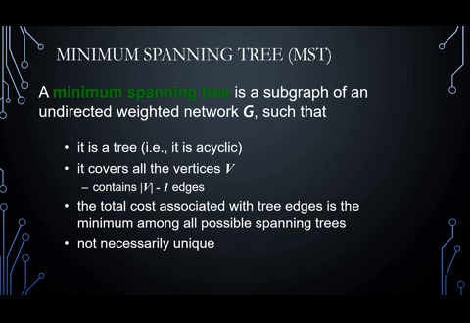So the solution may not be unique, but the weight of the spanning tree is unique. The minimum cost spanning tree that you get as a solution may not be unique. Clear? Hope you have understood the concept.